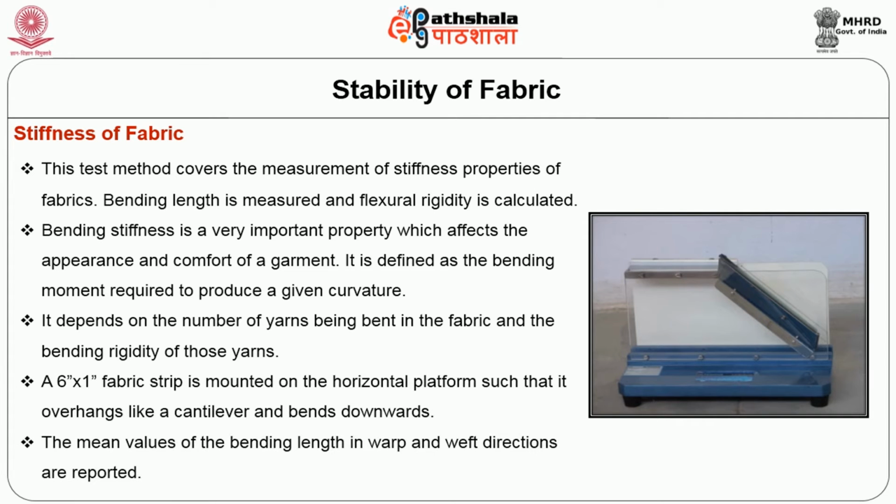A sample of 6 inches length and 1 inch width of fabric is mounted on the horizontal platform such that it overhangs like a cantilever and bends downwards. The mean value of the bending length in warp and weft direction is found.